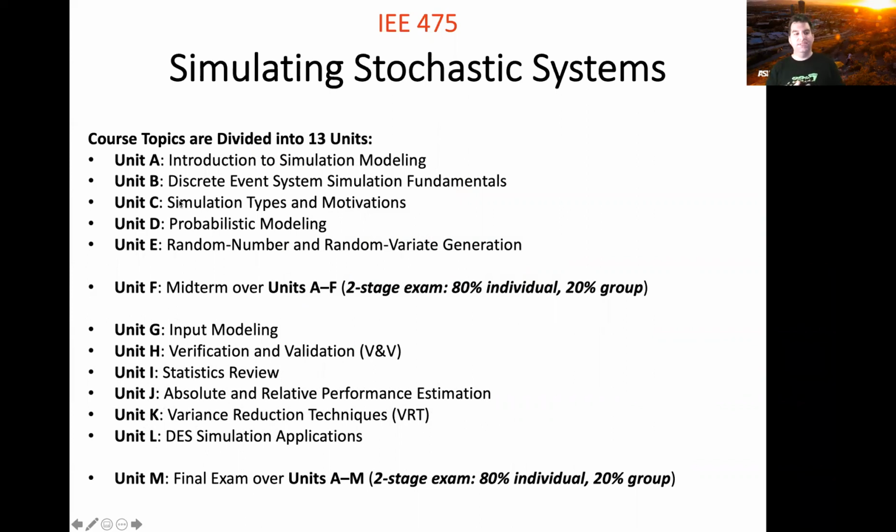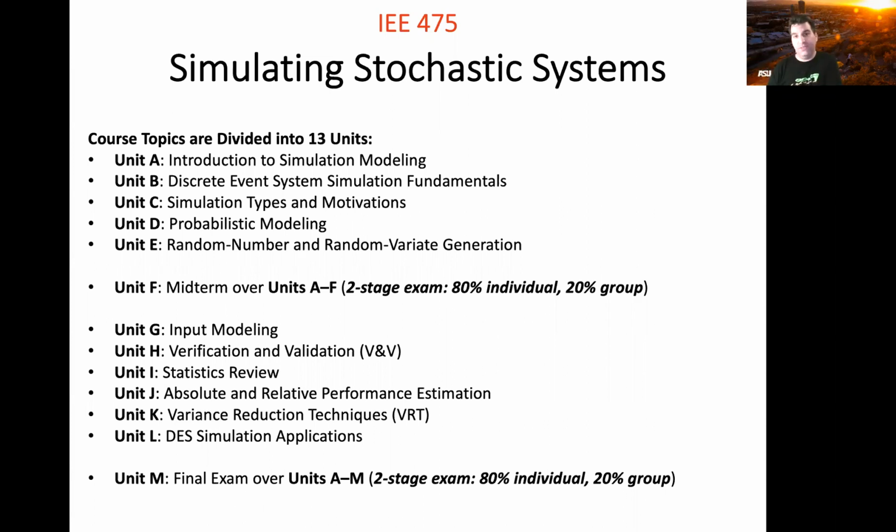We are then going to motivate why we use discrete event system simulation over some of the other simulation methodologies, but you are going to get some exposure to those other methodologies. In particular, you're going to have at least one lab on agent-based modeling. And so that will be something you can contrast with discrete event system simulation. Agent-based modeling is another type of stochastic simulation. So we'll be able to draw comparisons there.